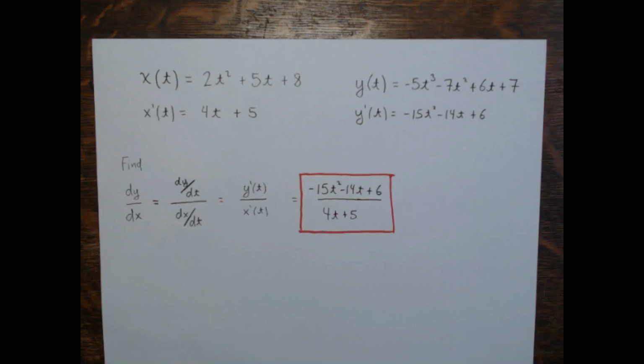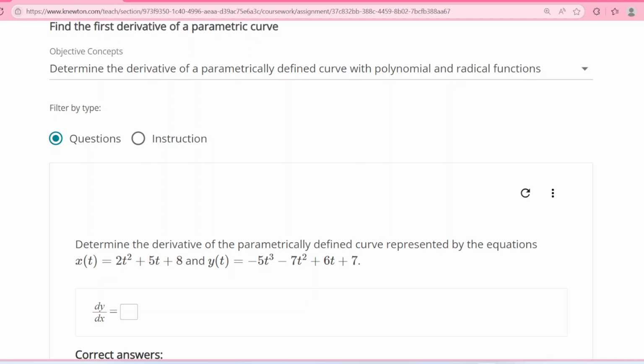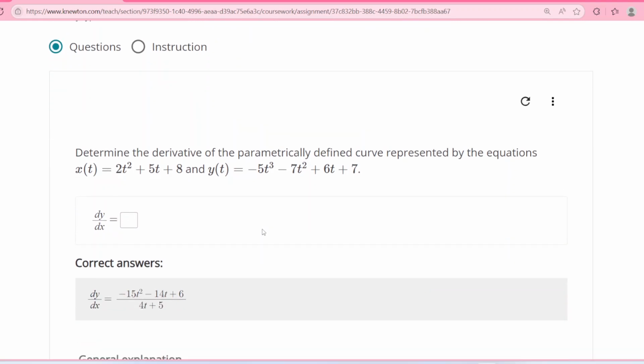And that's really it. So back to the answer to verify: negative 15t squared minus 14t plus 6, all divided by 4t plus 5. Exactly what I got earlier on paper. Wonderful.